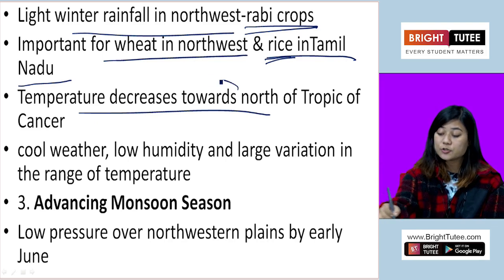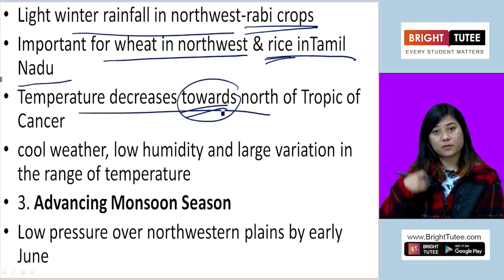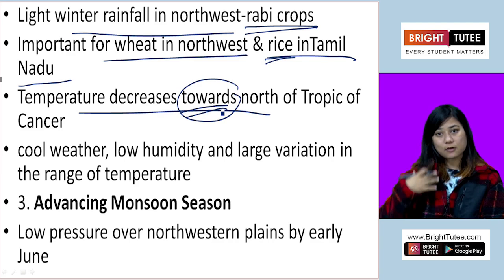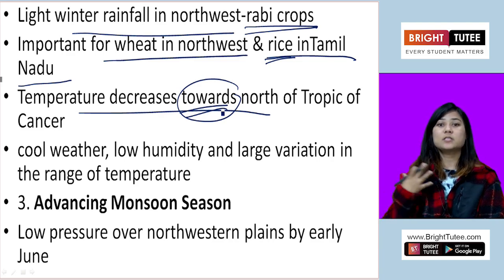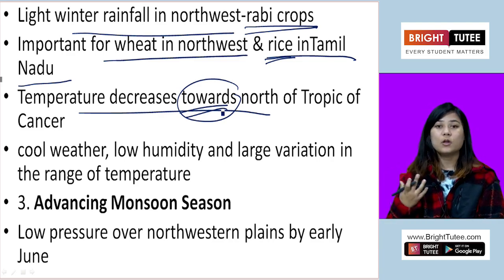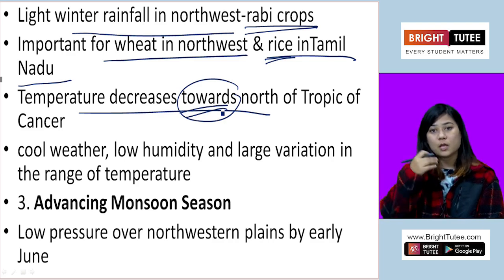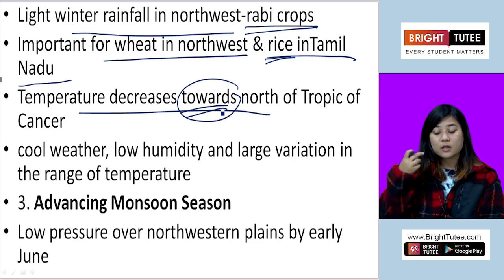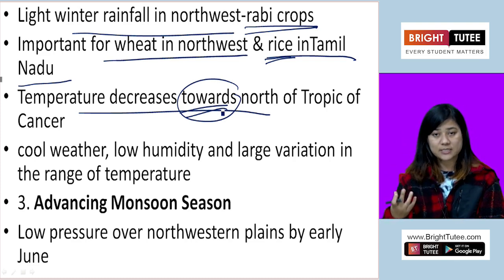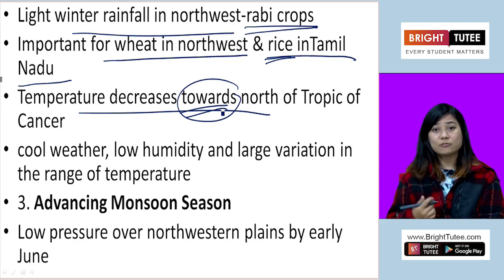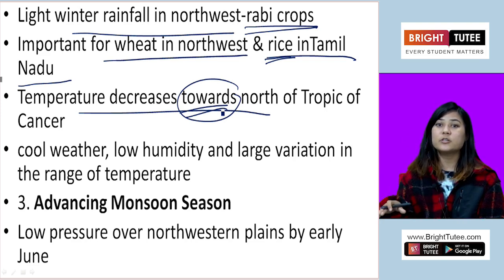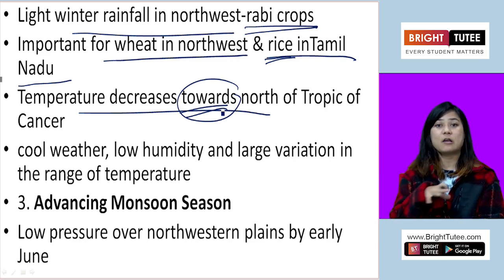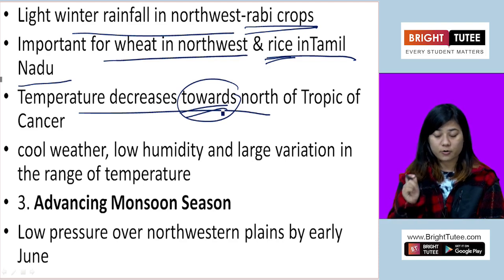Temperature decreases towards the north of the Tropic of Cancer, meaning the south of the Tropic of Cancer remains not so cold, but the regions lying towards the north of the Tropic of Cancer, there the temperature drastically decreases. But in the south, it does not. Why? Because of the moderating effect of the ocean and the sea.